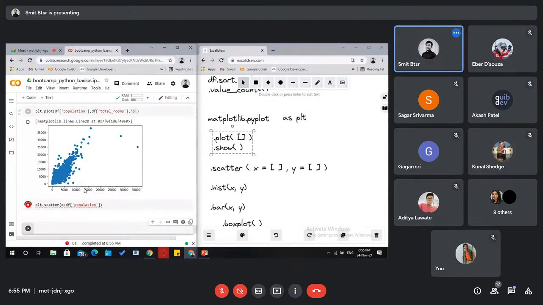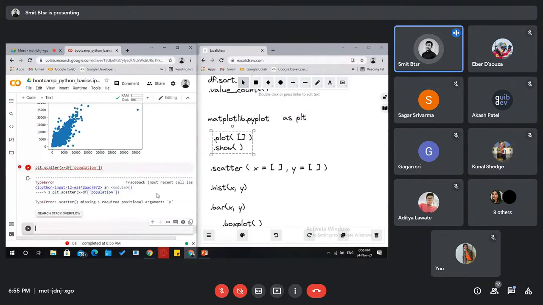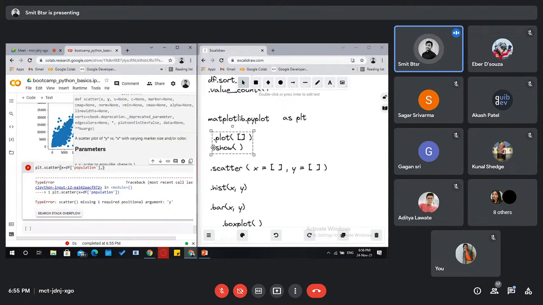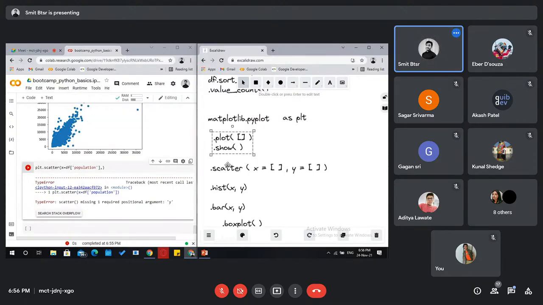As I mentioned, these two are the basic functions, and these others are a little bit advanced, built on top of these two functions. In the background, it is using these two functions only. So y equals df, or you can say just index.